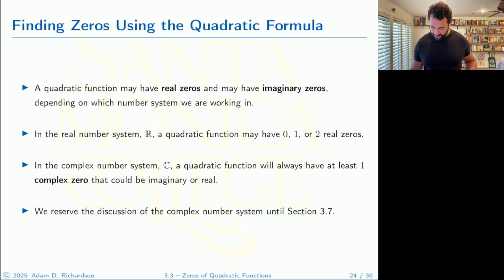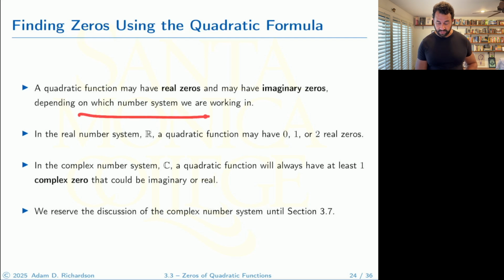So now we're going to talk about the discriminant in a second. A quadratic function may have real zeros, meaning real number zeros, or it may have imaginary zeros. That's the case when the radicand of the quadratic formula becomes negative. So you'll end up with what are called imaginary zeros in that situation.